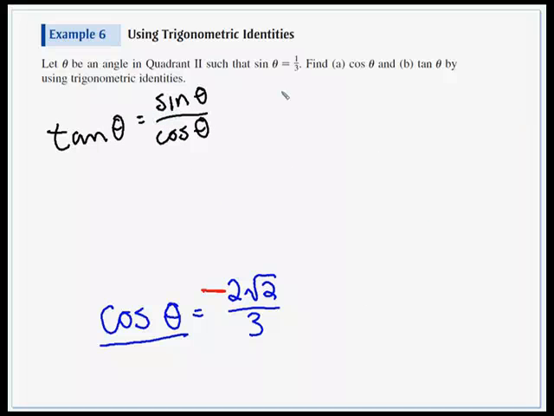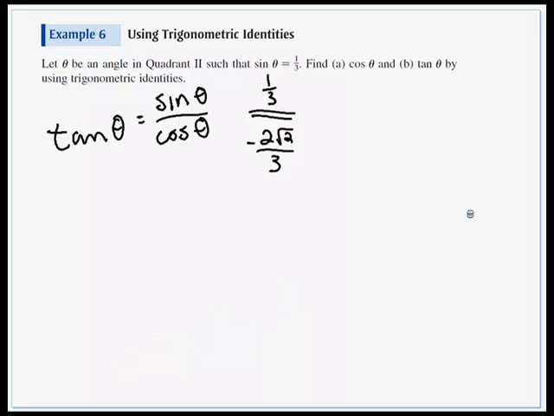So here, tangent is going to be sine, 1/3, and then cosine we just found, negative 2 square roots of 2 over 3. We have a fraction divided by a fraction, so I'm going to invert and multiply by the reciprocal. So we're going to have 1/3 times 3 over 2 root 2, and that's negative.